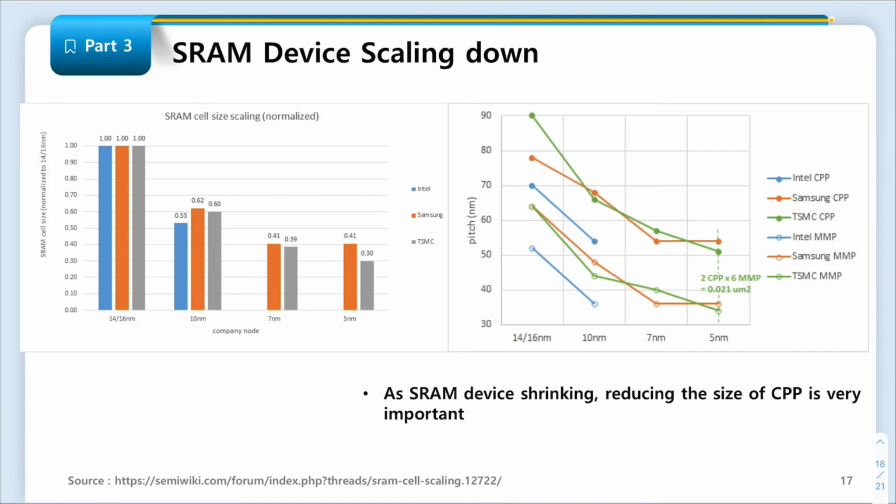So far, what made it possible to have very scaled nano-sized transistors? The answer is definitely the downsizing of the CPP value, as I told you right before this slide. And also we can notice that 7 nanometer and 5 nanometer node technology is realized by Samsung and TSMC. And CPP is sizing down together with the development of node technology.